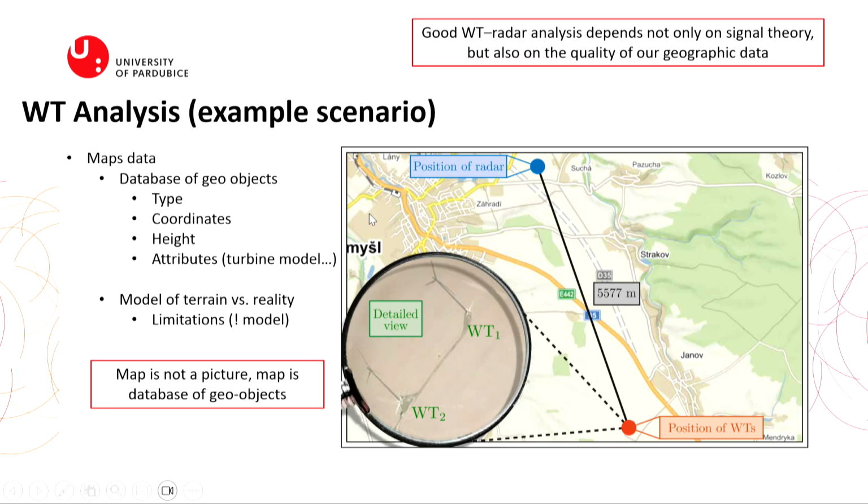It is about 40 kilometers away from our city Pardubice. And you can see this is the line of sight. There is the position of wind turbines, and if you could zoom, there is the first and second wind turbine. Later I will show you exactly in the data.